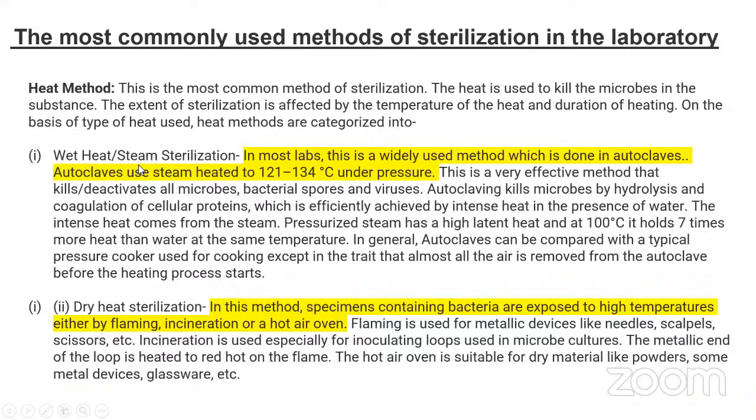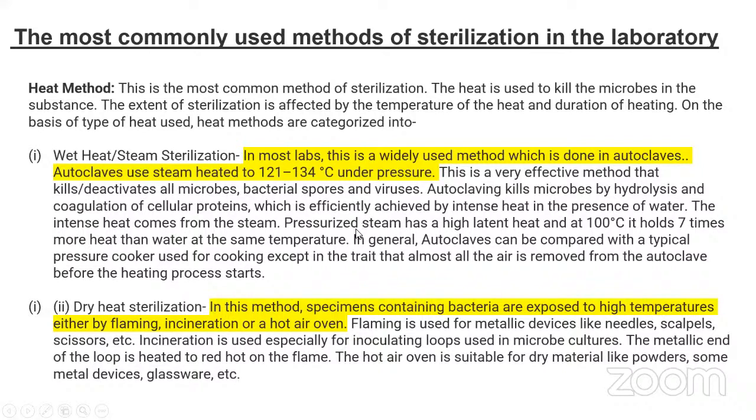Wet heat or steam means we are using steam for the sterilization, and here the water is heated to around 121 to 134 degrees Celsius under pressure, and this steam under high pressure kills all the microorganisms, from bacterial spores to viruses.